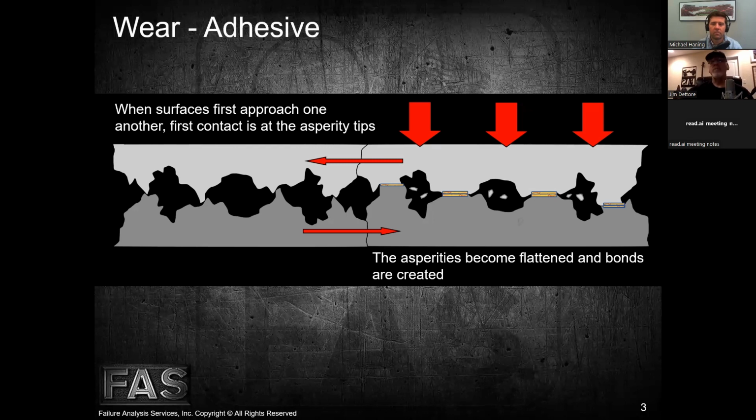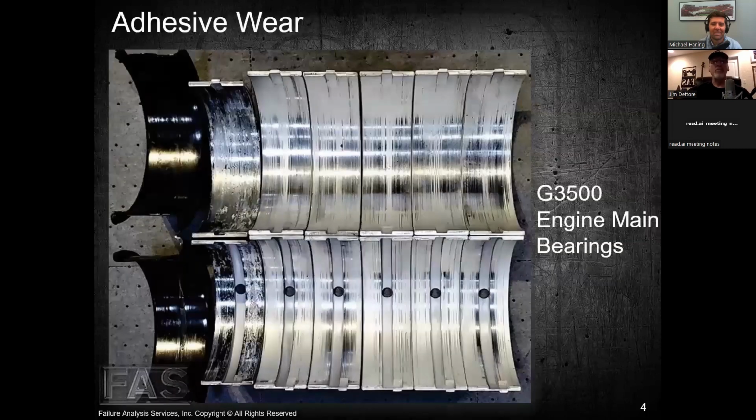We'll see that when we tear it down, or sometimes when we roll bearings into a unit that experienced intermittent adhesive wear, we'll see where it had bonded a little bit of the bearing material to the crankshaft and damaged the bearing, but continued to run, right? So it doesn't always lead to catastrophic failure, but it can. And I've got some good images of what it looks like, and we'll just go ahead and continue with those.